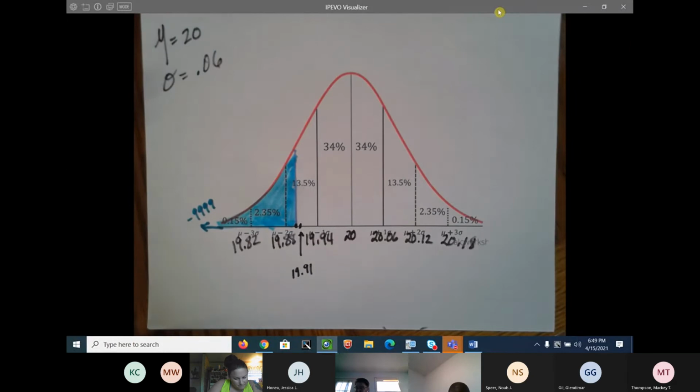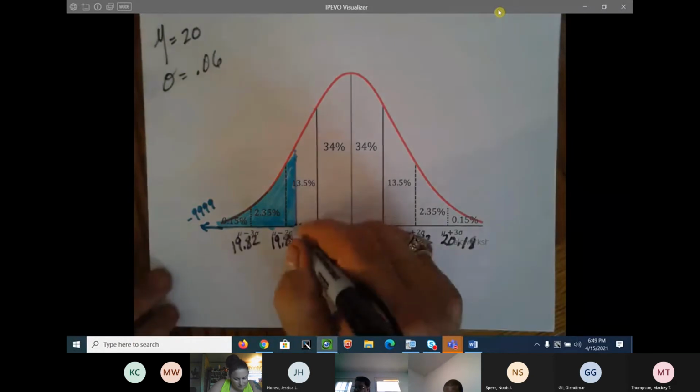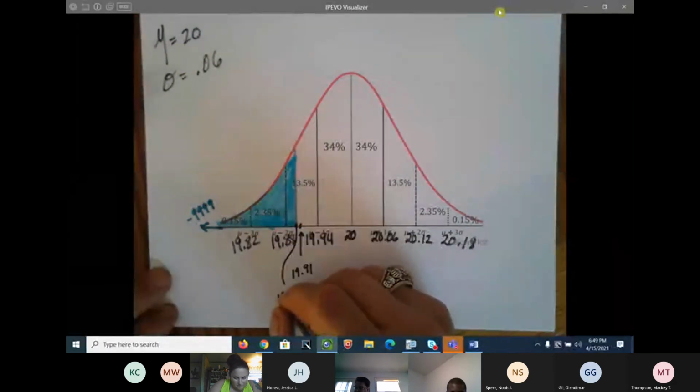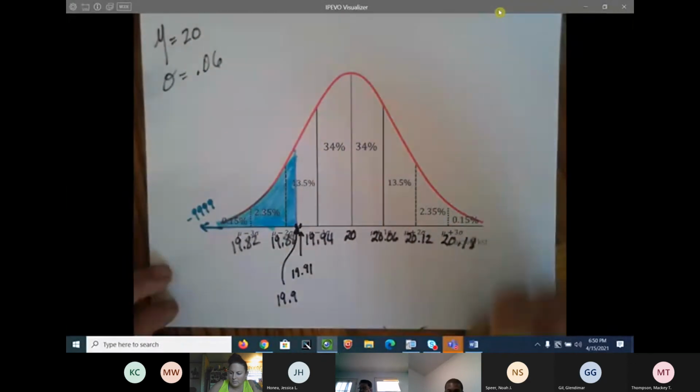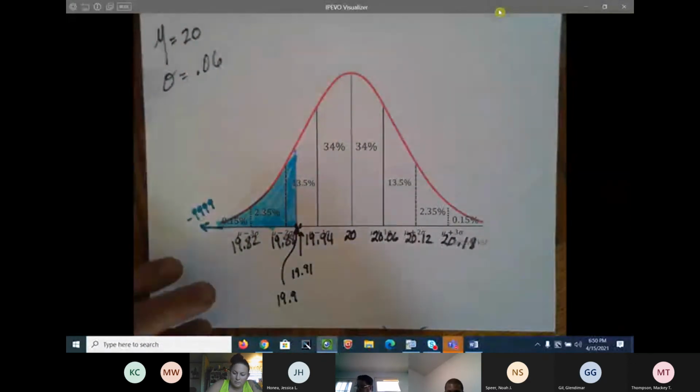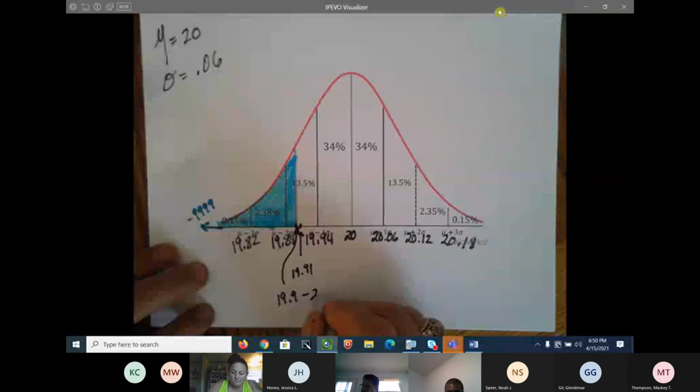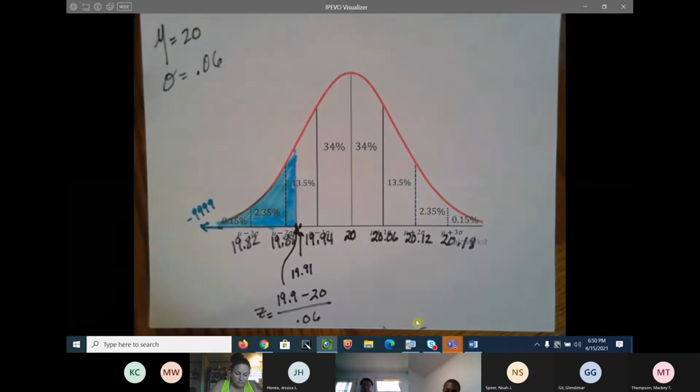You got to change it because that's what they're asking for. So this is 19.9. You got to change 19.9 into a z-score. So 19.9 minus 20 over 0.06.